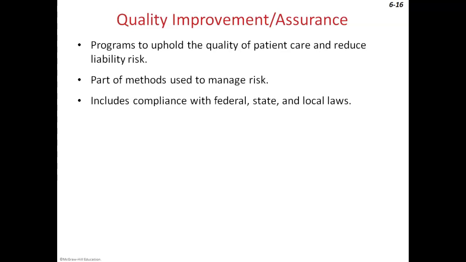Third, decide which changes will create the most improvement with the least amount of effort. Fourth, implement the action. And fifth, evaluate the results. Was there improvement given the new conditions? All of these things also need to include compliance with federal, state, and local laws. Any improvements can't step outside of those boundaries.